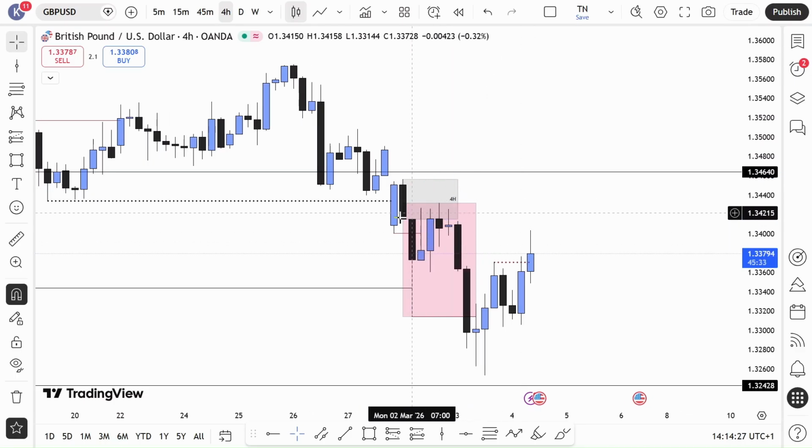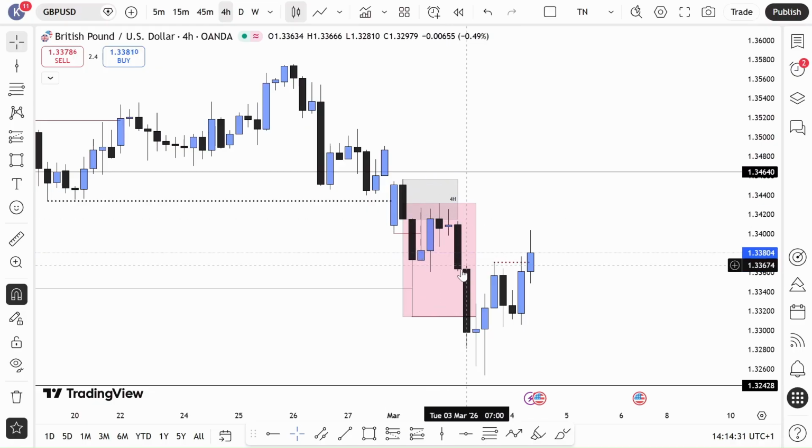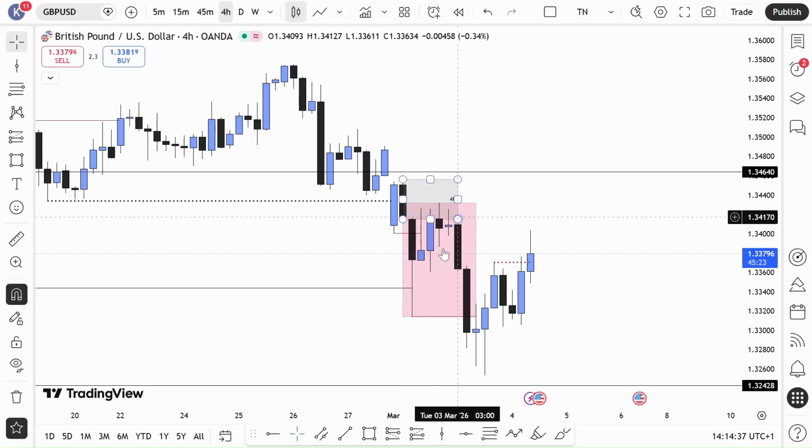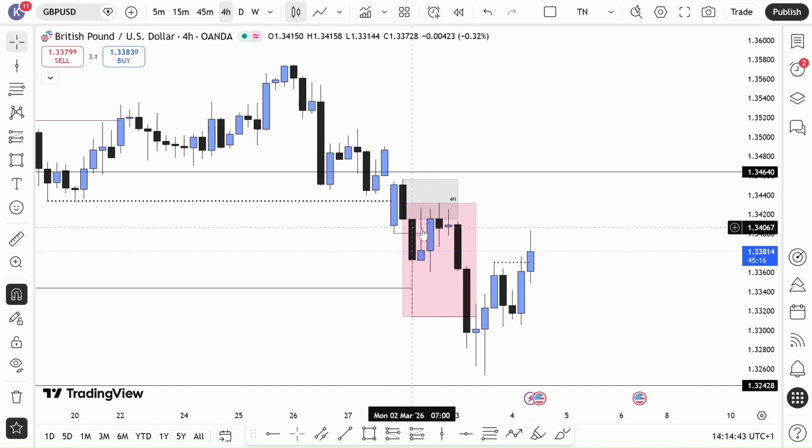Now this was the 2nd of March, so this trade was into the 3rd of March, which is why I'm tagging it as a 3rd of March setup. We had a pullback right into our point of interest and into our retest level. The next thing I ask myself is, how are we pulling back?